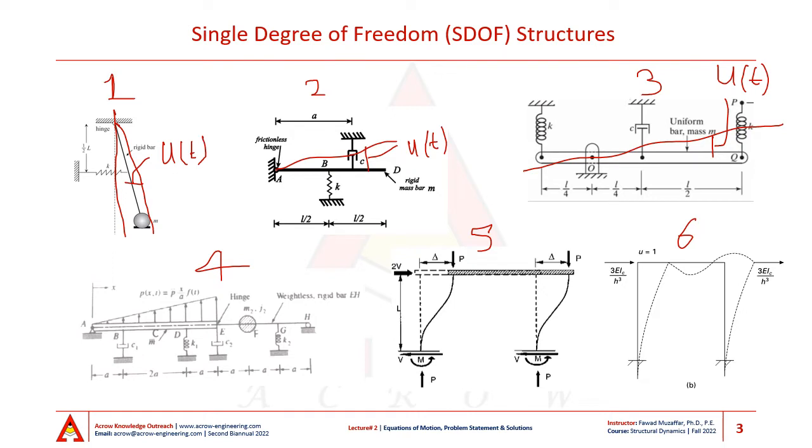In figure 4, there is an assembly of two bars, and the two bars are connected to each other via hinge at the center, and so this is a determinate system. We can calculate all of the reactions in the springs and the supports using equations of equilibrium.